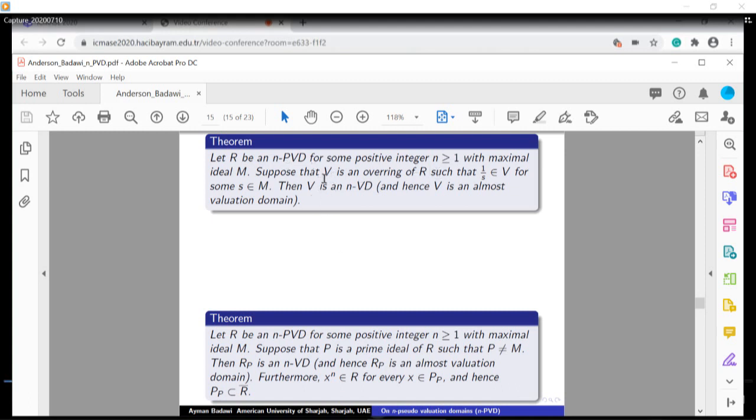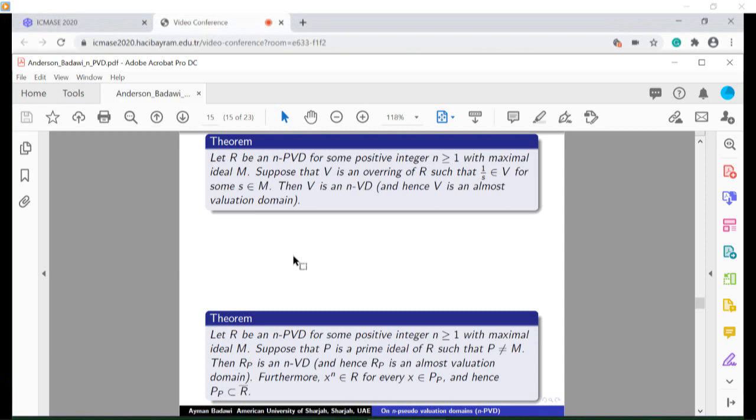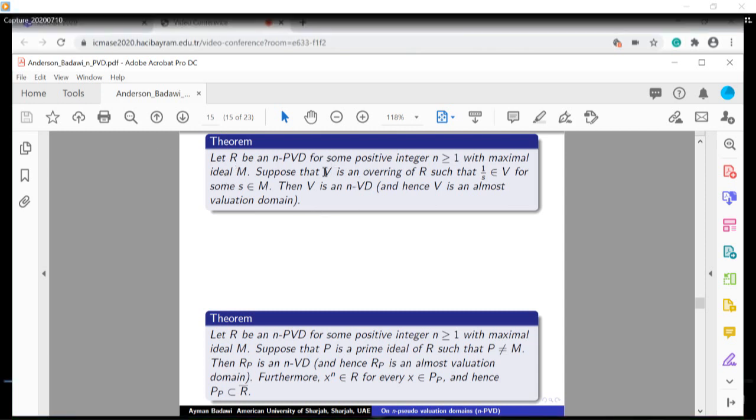We decided that if you fix an n and you have an n pseudo valuation domain, then it will have only one maximal ideal M. If you have an overring, what is an overring, by the way?